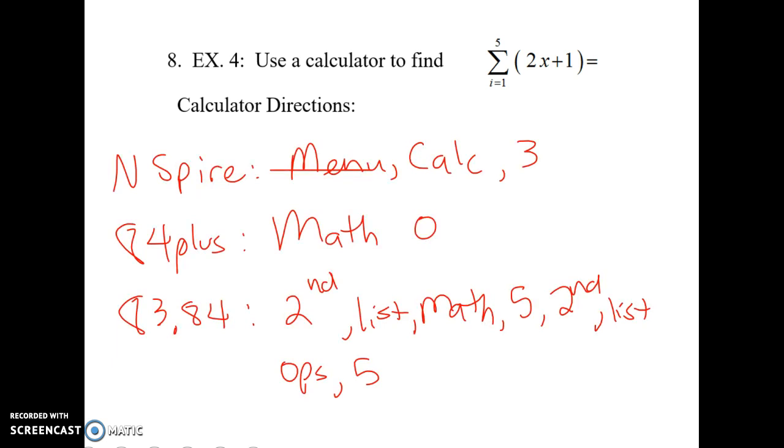If you're using an 84 plus, check out Math 0. See if you can find the summation there. If you're using a regular 83 or 84, you might have to press these buttons: second list Math 5, then second list OPS 5. And you're going to be summing a sequence. And we'll try these in class.